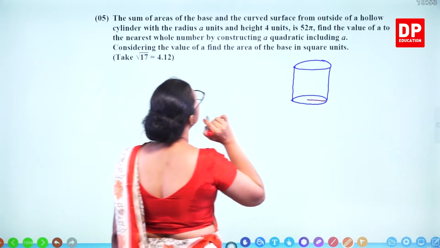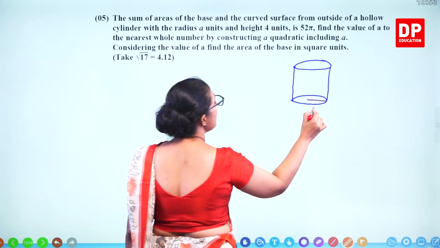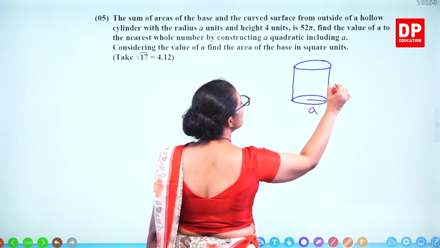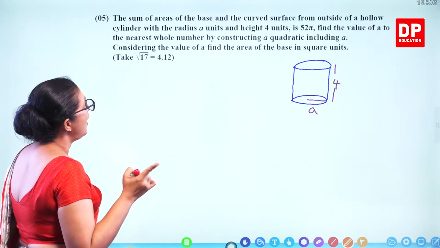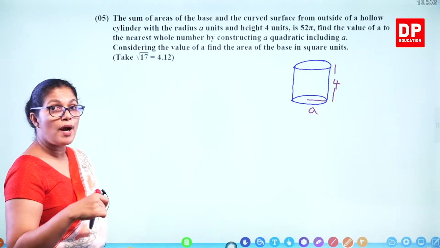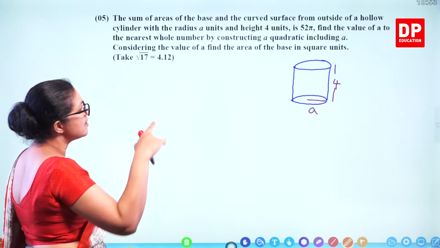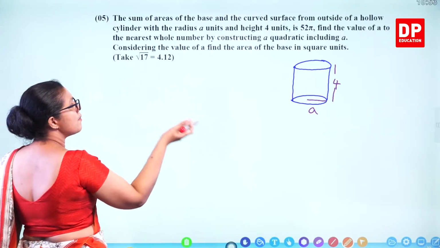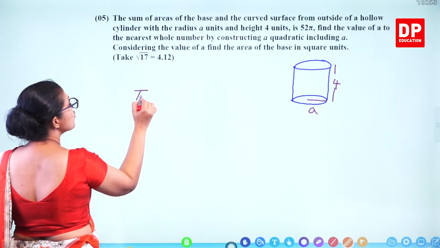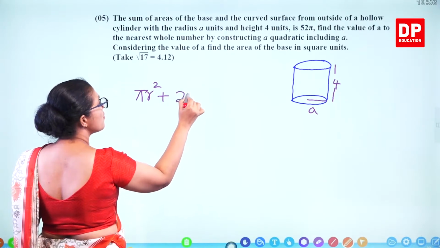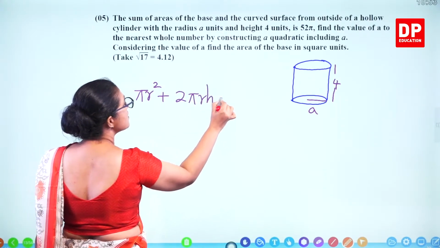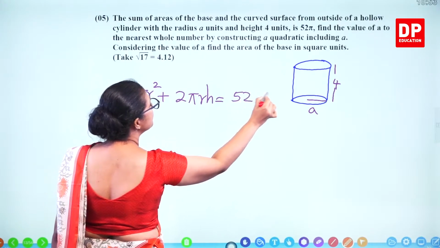So the radius is A and the height is 4. You are not getting the lid, so only one base. That's a circle, pi r squared, plus the curved surface area, 2 pi r h, which is equal to 52 pi.